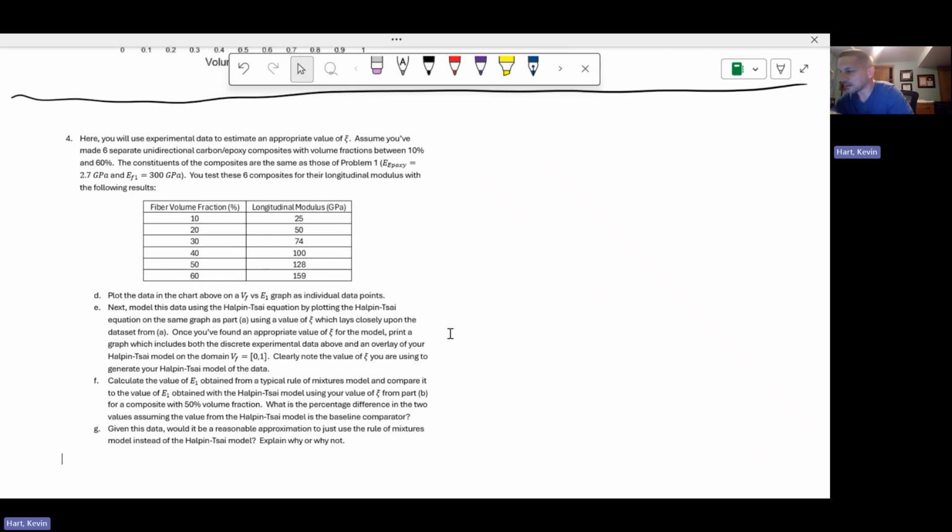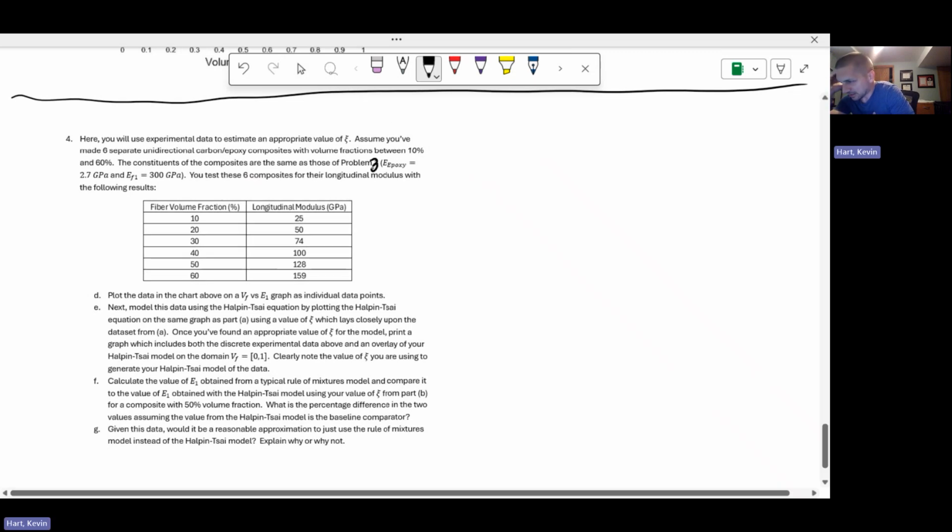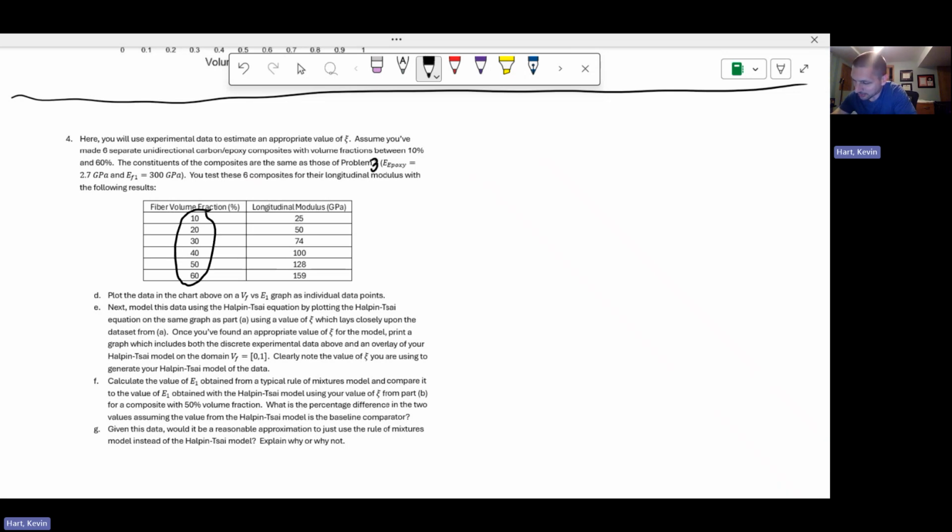The constituents of the composites are the same as those in problem 3. You test these 6 composites for their longitudinal modulus with the following results. Now you've got the volume fractions and the longitudinal modulus, and it's up to you to determine what value of xi best fits in the Halpin-Tsai equation.